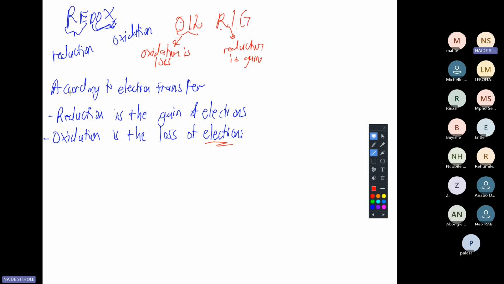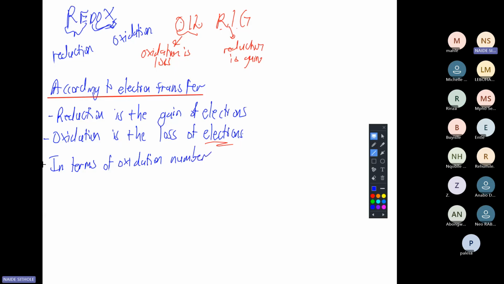Now, sometimes they ask you to define reduction or oxidation in terms of oxidation number.